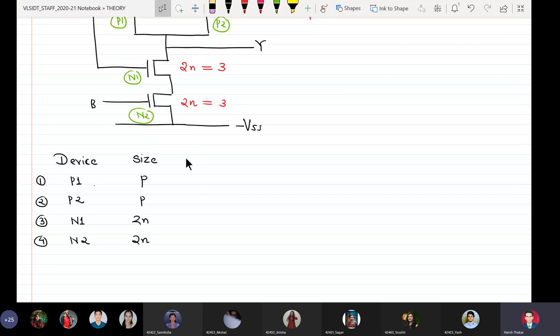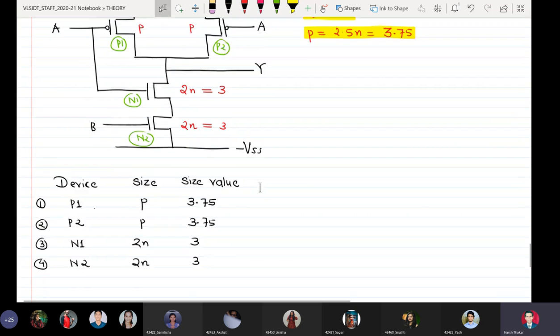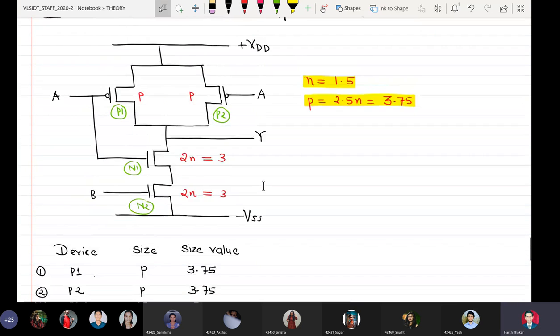Now we will write down another column called size value. Size value means we are replacing P with 3.75 and N with 1.5. So because it is P, the size value is 3.75, 3.75, and 2N will be equal to 3 and 3.